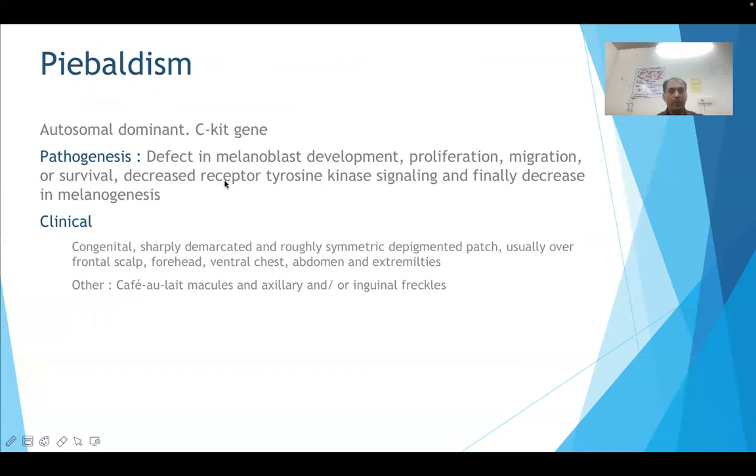There is defect in melanoblast development, proliferation, migration, or survival, decreased receptor tyrosine kinase signaling, and finally decrease in the melanogenesis. It presents as congenital, sharply demarcated, symmetric, depigmented patches over the frontal scalp, forehead, ventral chest, abdomen, and extremities.